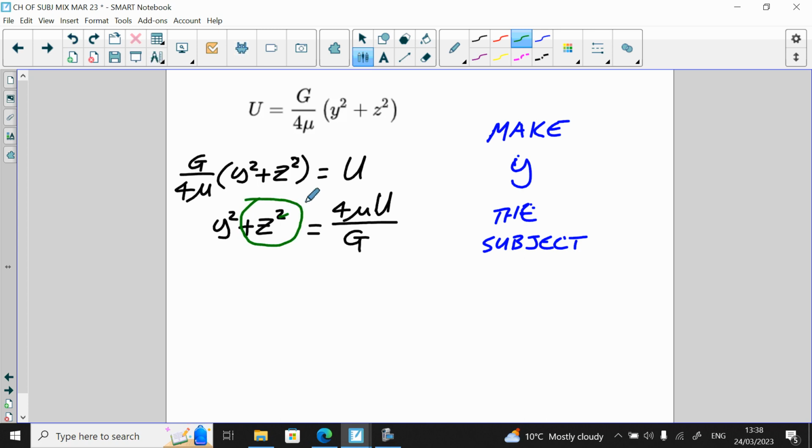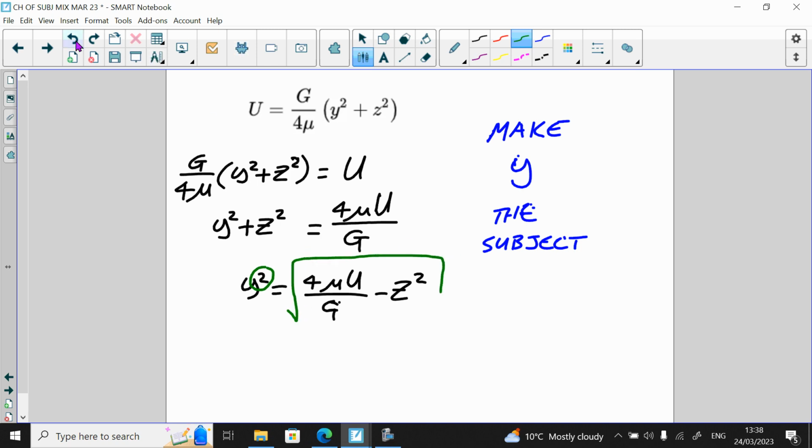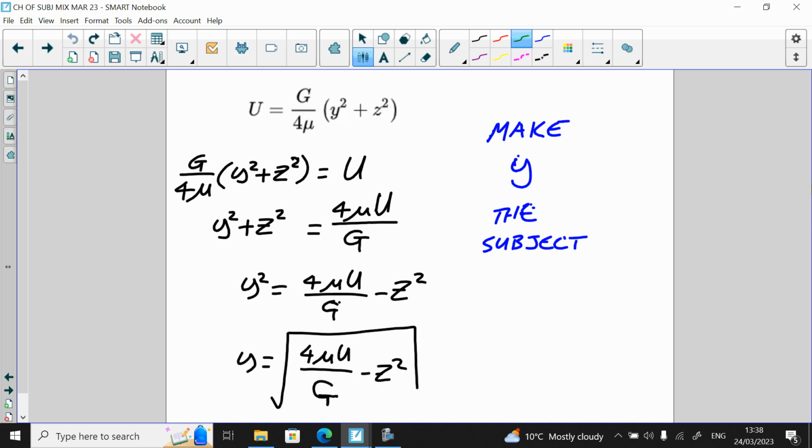So you know what's going to happen with a plus when it goes across. You know you're going to subtract that. Exactly. And final thing, to unsquare something, you're going to square root it. Right. So I think that's us done. That looks good to me.